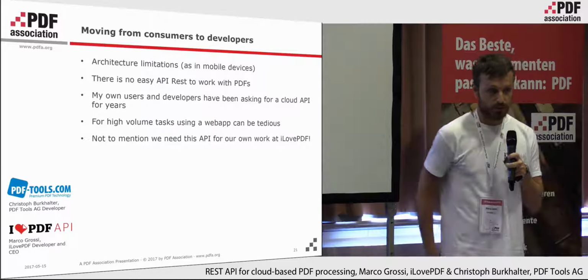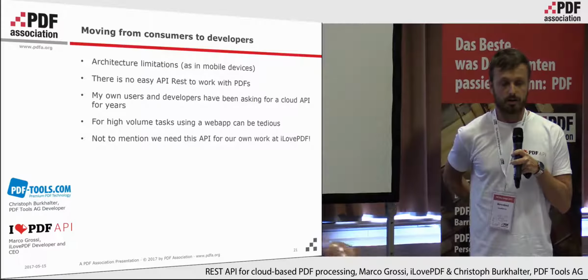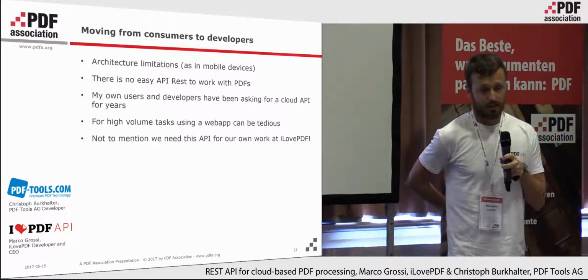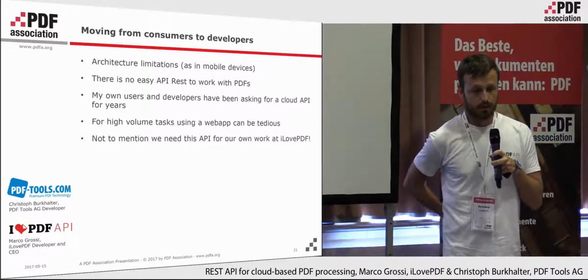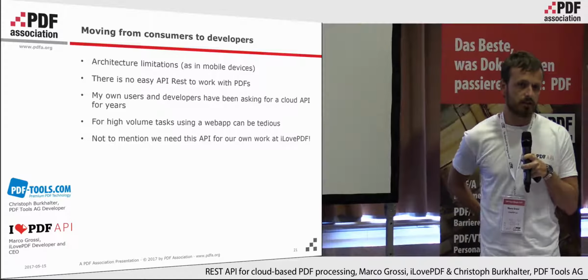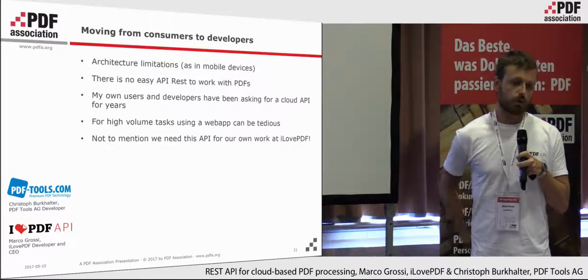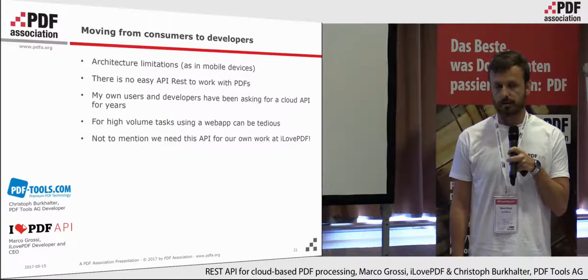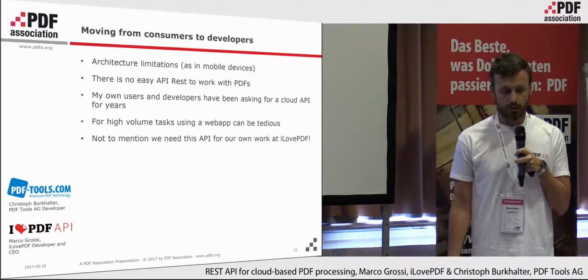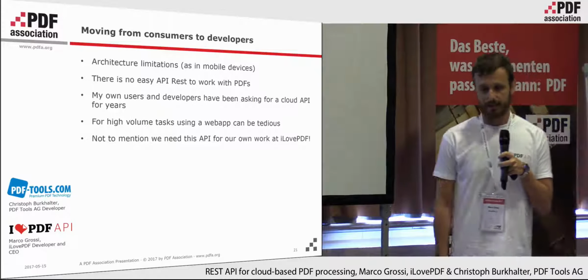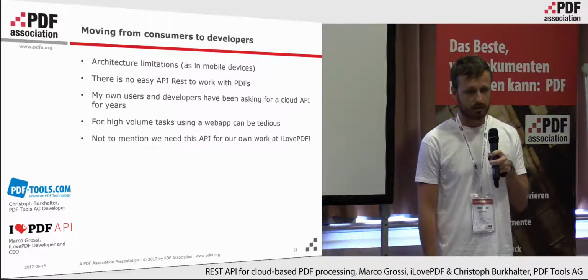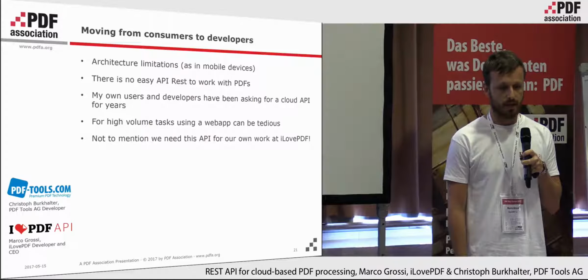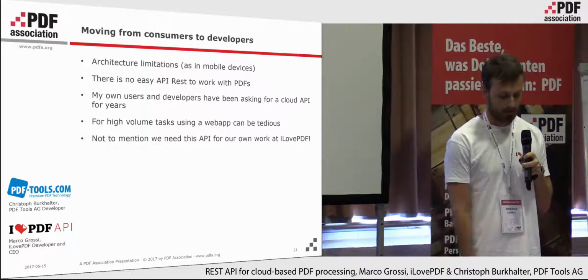Also, our own users on iLovePDF have been asking us for an API, because, of course, using our website for processing a high volume of PDF files can be a tedious task, and you cannot automate some tasks for processing PDF files. And of course, we reached a point where we need a REST API for ourselves, because with our growth, we needed the benefits of an API to split the front end and the back end.